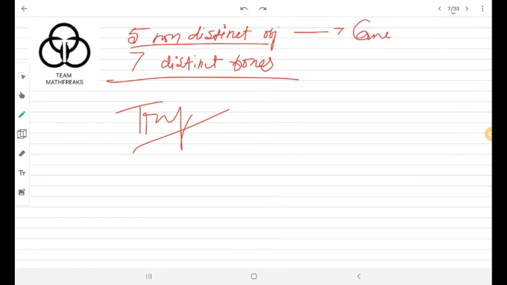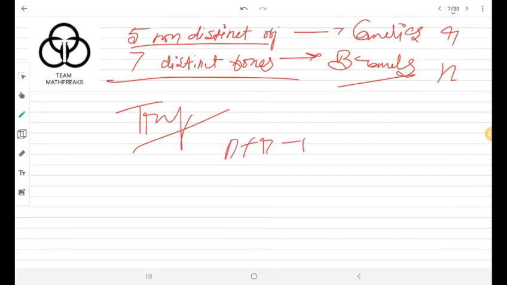This stands for R, this stands for N. N plus R minus 1, choose R. That would be 7 plus 5 minus 1, which is 11, choose 5.